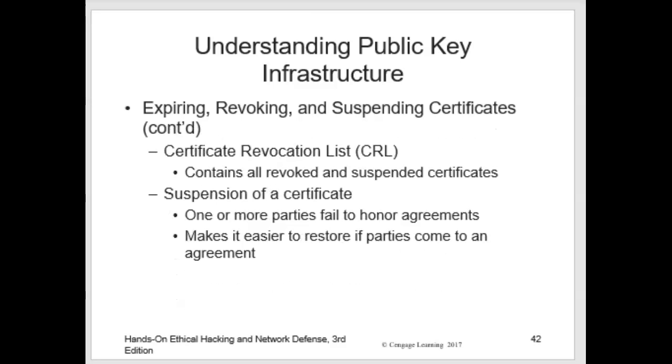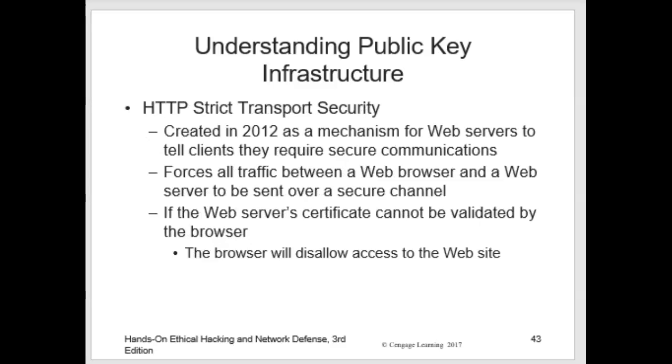So if it's revoked or expired, then you would use a CRL, Certificate Revocation List. The certificate revocation list contains all the revoked or suspended certificates. Applications naturally check the CRL in their normal processes generally. And suspension of a certificate happens if one or more of the parties fails to adhere to an agreement, right? So that's understanding the certificate structure.